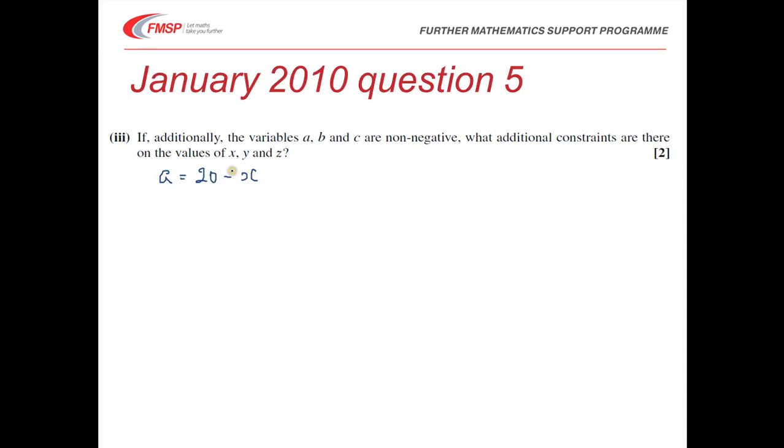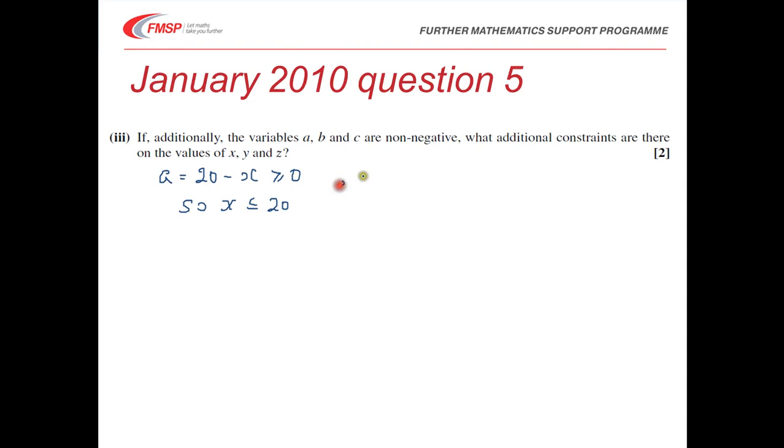So if a is non-negative, that means that that has got to be greater than or equal to 0. And that of course means that x has got to be less than 20. So that's an additional constraint, because we already know that x had to be greater than or equal to 0. So now we know between 0 and 20.